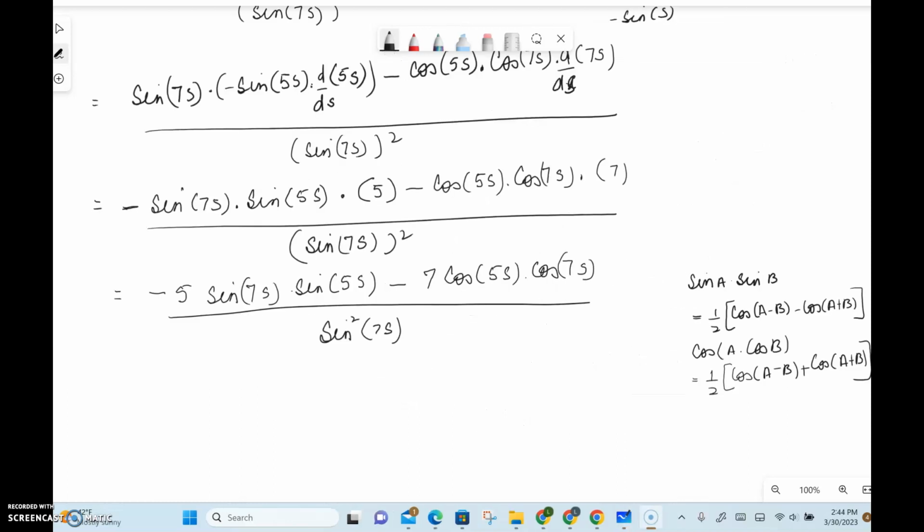Now we could simplify this a little further by using these formulas 1 and 2.